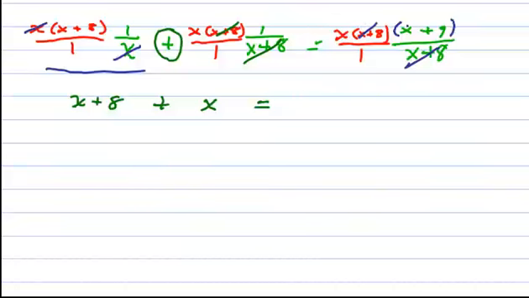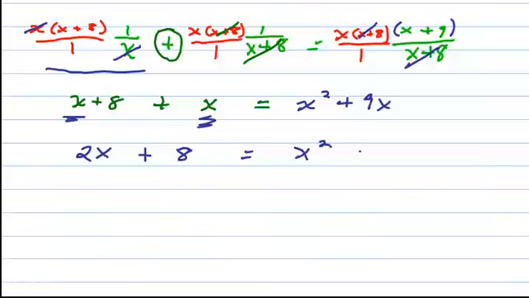So we're left with x times x plus 9, so that's x squared plus 9x. Let's do a little cleanup because on the left we have some like terms. x plus x is not x squared, it's 2x plus 8 equals x squared plus 9x.